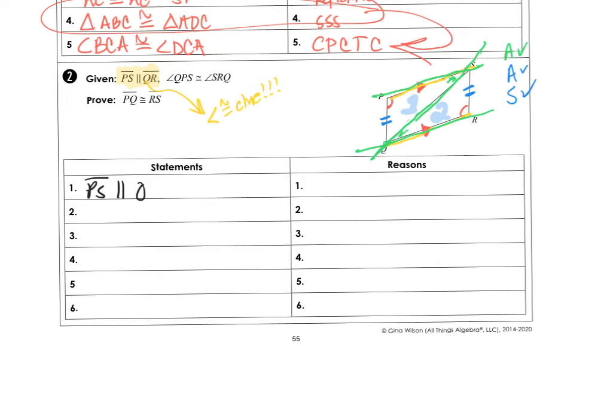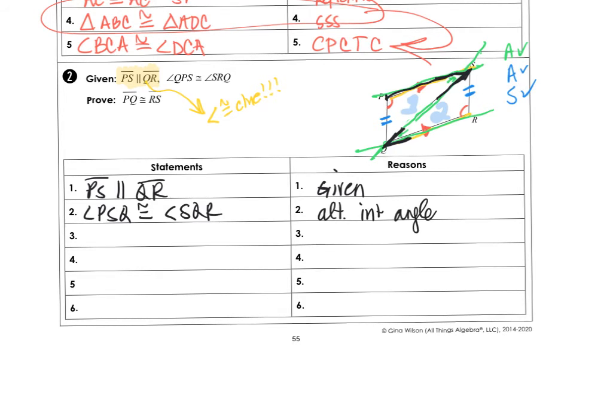We're given that PS is parallel to QR. And as a result, we can conclude from there that angle PSQ is congruent to angle SQR, alternate interior angles.